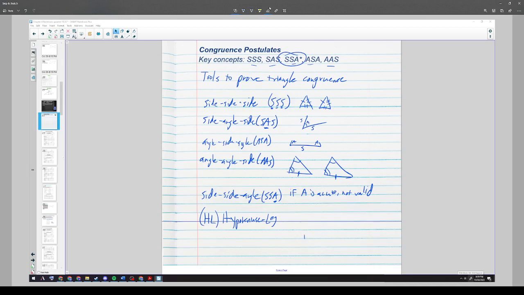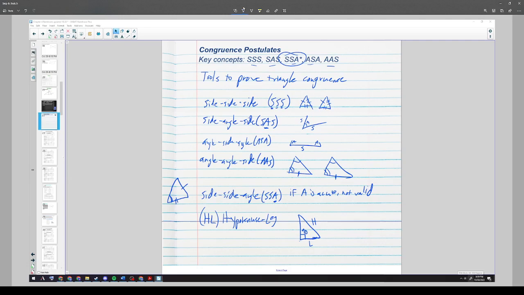Okay, let's draw this triangle again. Okay, so we have a right triangle. We know these things. We know the hypotenuse, and we know one of the legs, and we know this 90-degree angle. So really, this is SSA because the angle is not included, right? Just like we said here. So in this SSA, you know side, side, and not included angle.